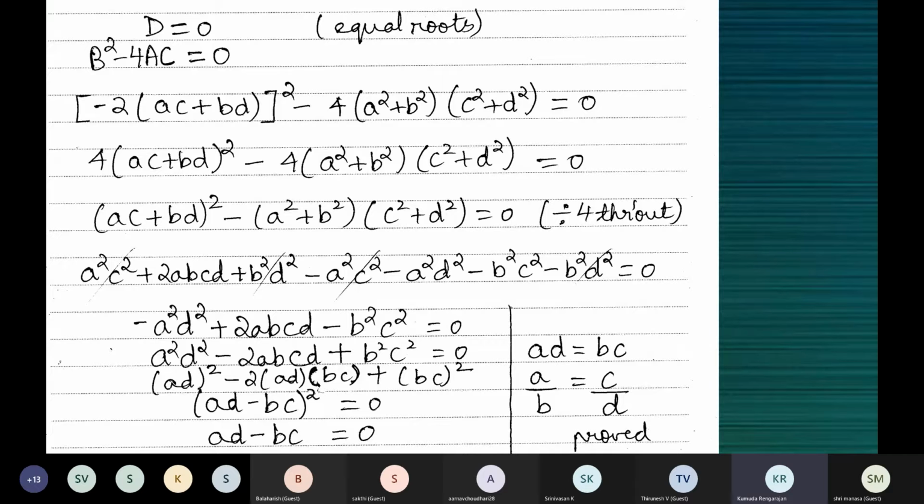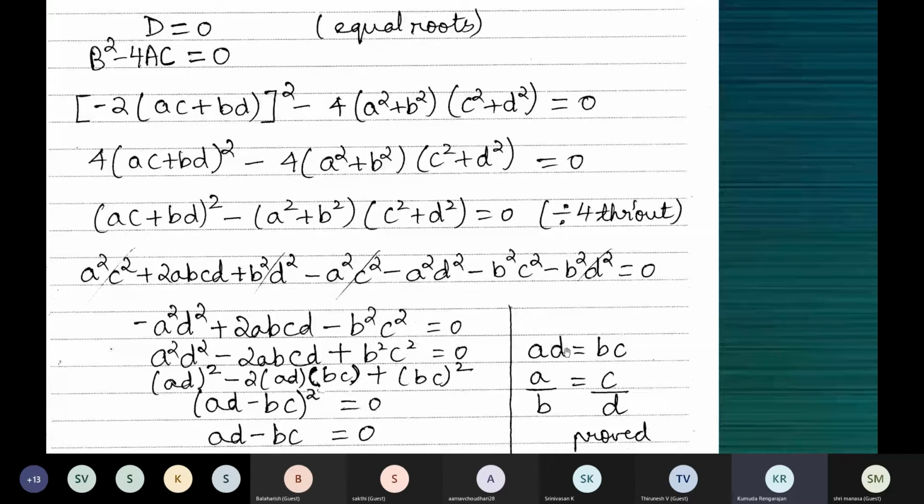So ad minus bc the whole square is 0, which means ad minus bc is 0. On transposing, when you take minus bc to the other side, ad is equal to bc.